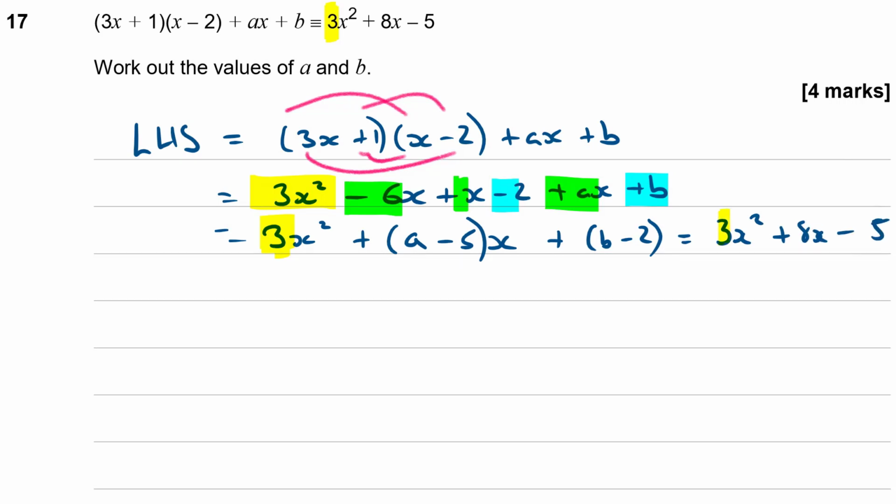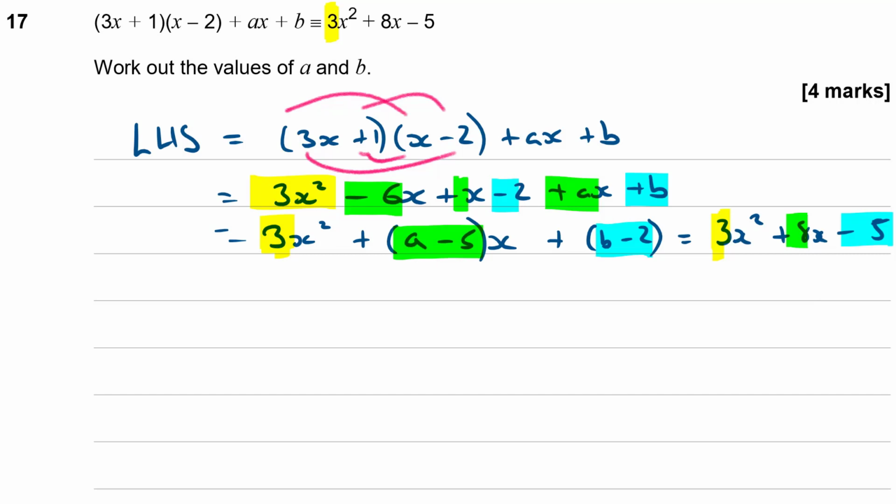So that bit and that bit are identical. And then, so my a minus 5 lots of x has got to be equivalent to that 8 there. And finally I've got a b minus 2 on the end, and that's got to be equivalent to this minus 5 here. So now I can equate coefficients.